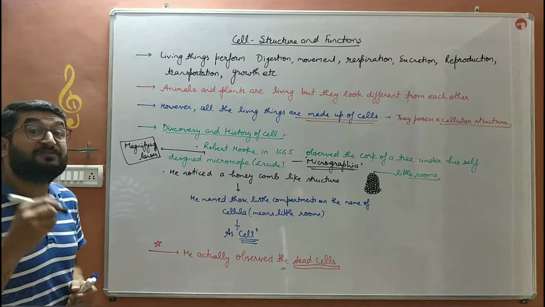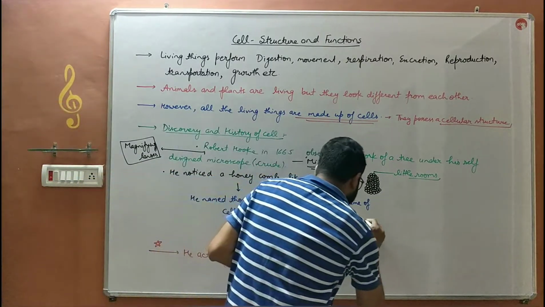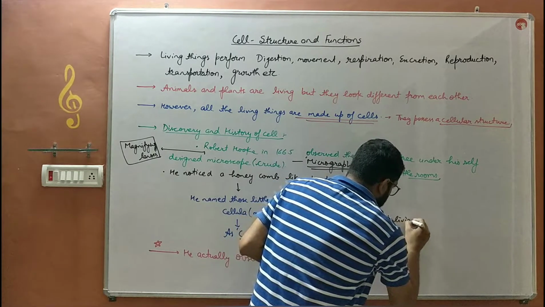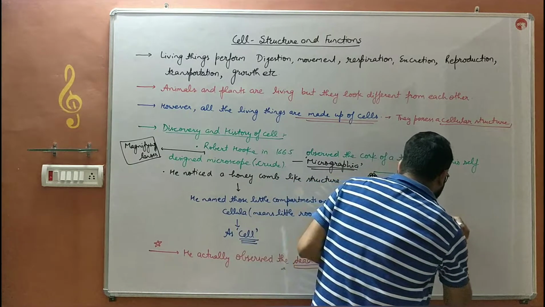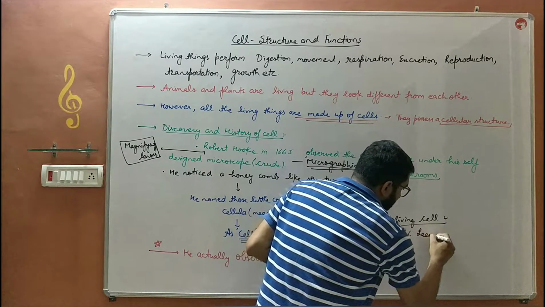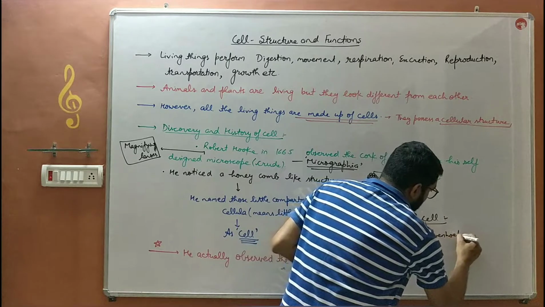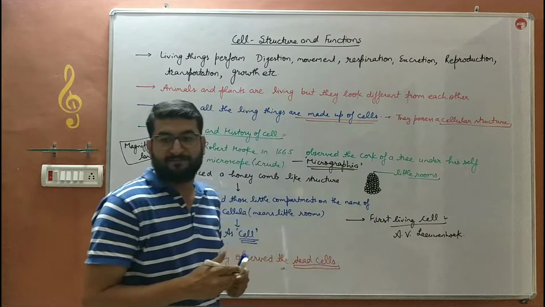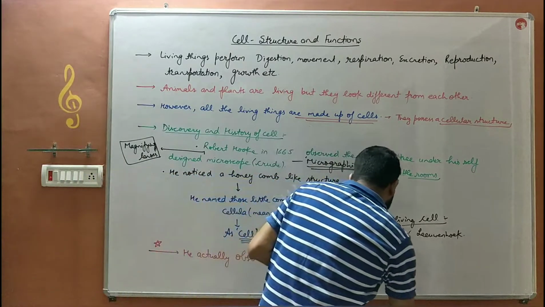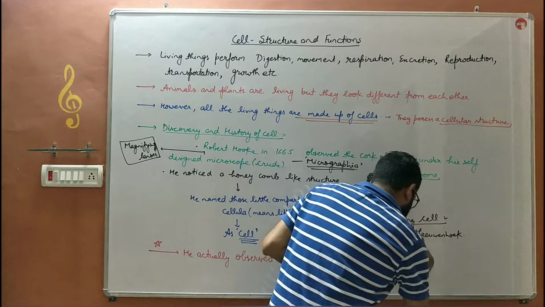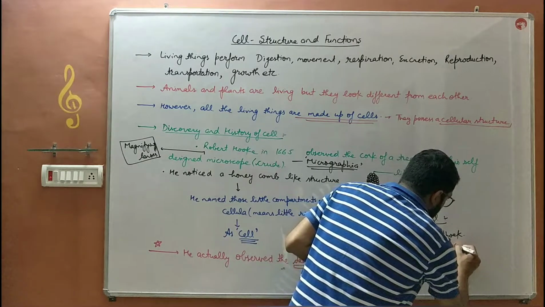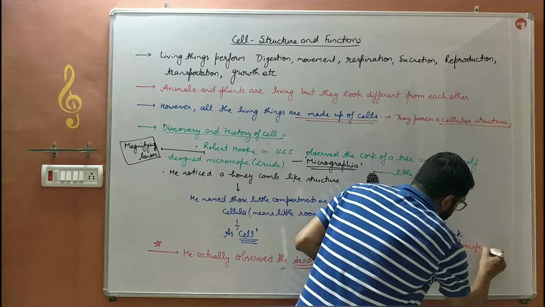Then who discovered the first living cell? First living cell was discovered by Anton von Leeuwenhoek. He was also the first scientist who developed a compound microscope, or you can say who developed a light microscope.